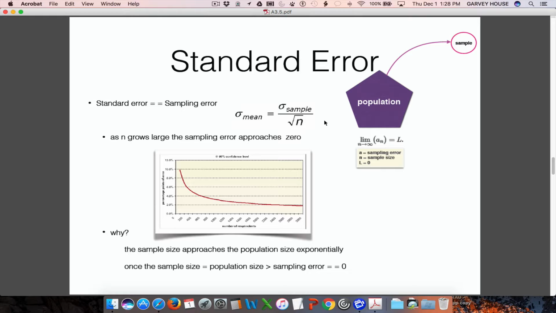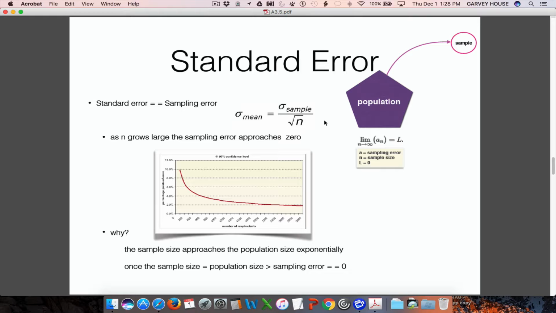So keep that kind of tucked away, and you may want to come back to this slide or this portion of the presentation when we start covering t-tests and ANOVA and things like that that require a computation of standard error.